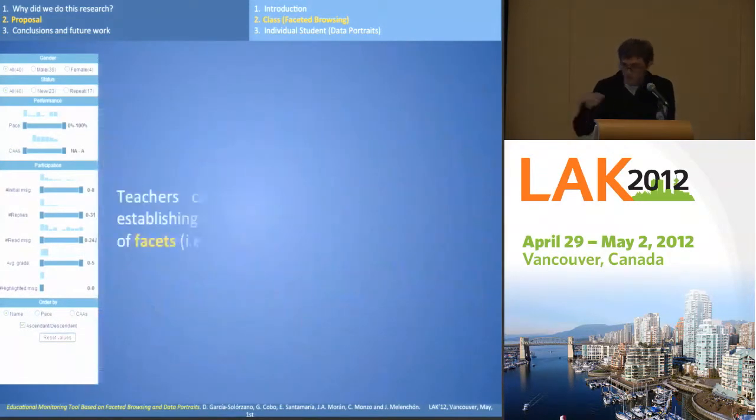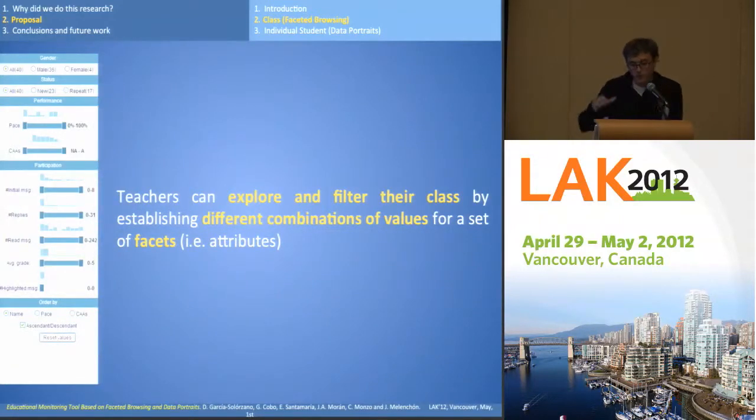On the left side we can see the menu that allows teachers to explore and filter their class by establishing different combinations of values for a set of facets. The categories that we use are the gender, male or female; the status, whether it's a new student or he's repeating; and the performance, which has two subcategories: the pace, the amount of activities that they have completed, and the continuous assessment assignments, the average of the formative assessment.